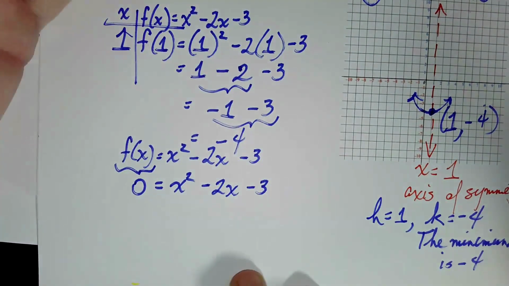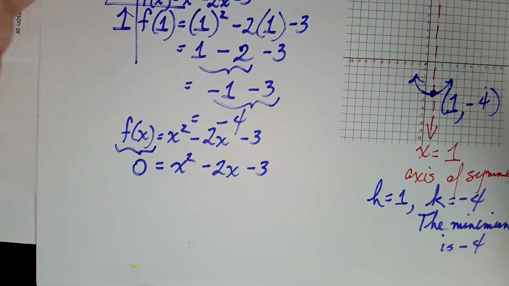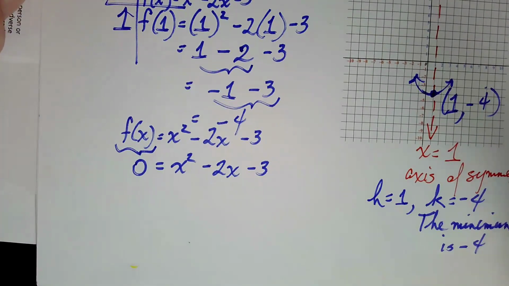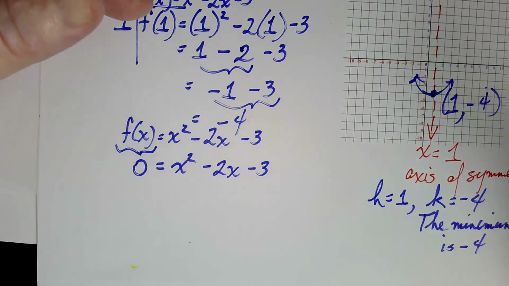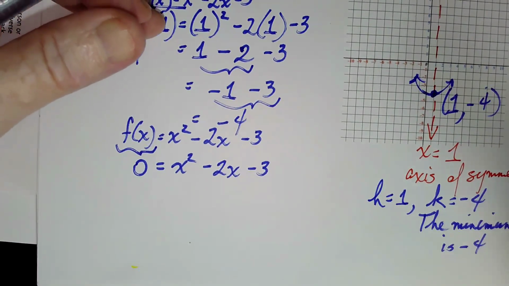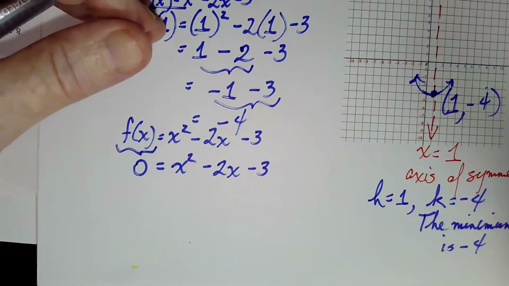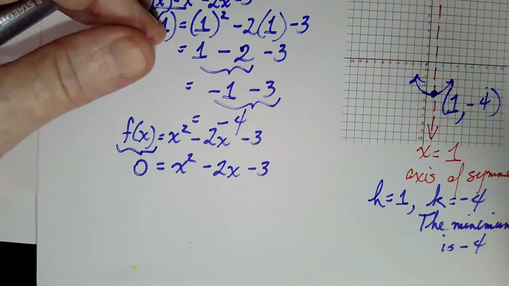And now we want to factor x squared minus 2x minus 3. How do y'all like to factor these? We start with the x squared.